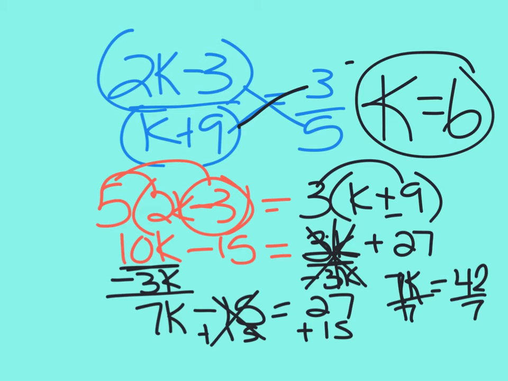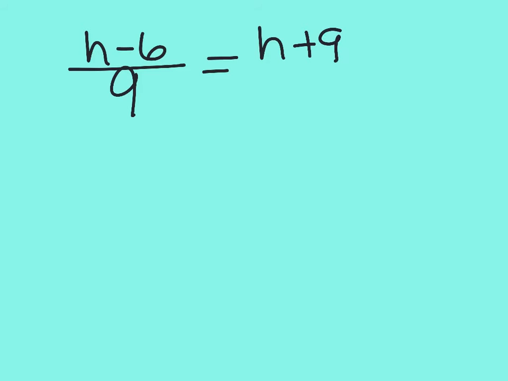I wanted to look at one more. Let's look at number 12 on the back page. We've got h minus 6 over 9 equals h plus 9 over 4.